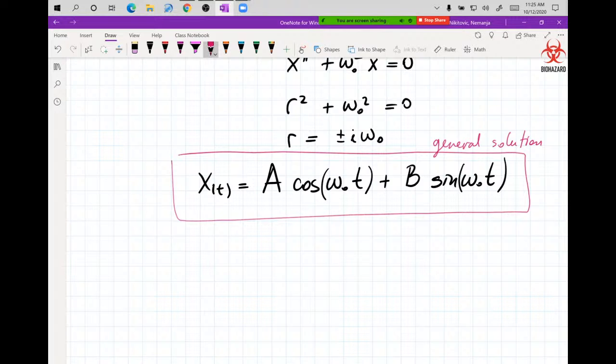And depending on how well you know physics so far, or if you learned any physics before, you might know that this omega 0 is called angular velocity. It's also known as circular frequency. It has a couple of different names, but it's a sense of how fast something is spinning.